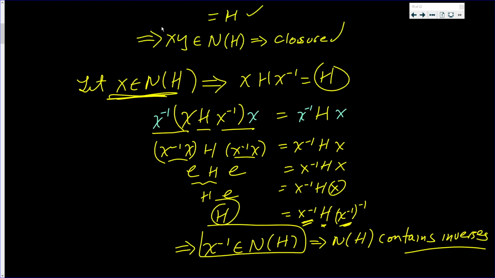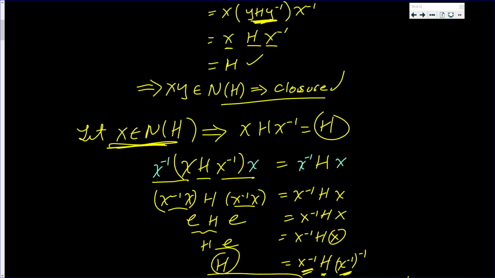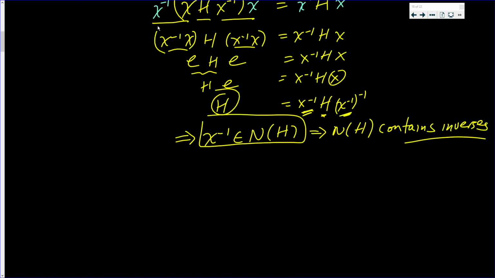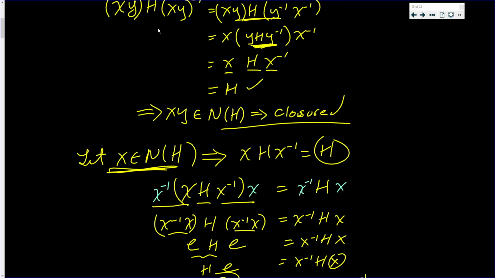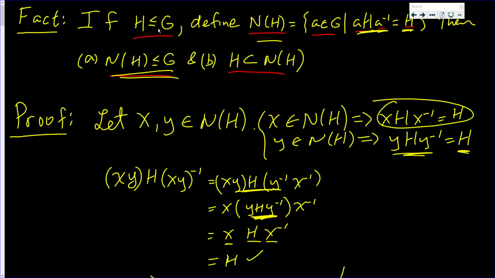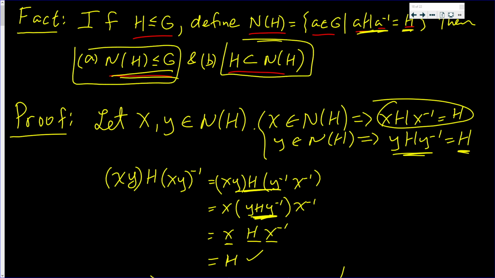So N of H has inverses, N of H has closure, therefore N of H is a subgroup of G. That's part A. Okay, we just showed part A. Now I want to show that every element in H is in here.